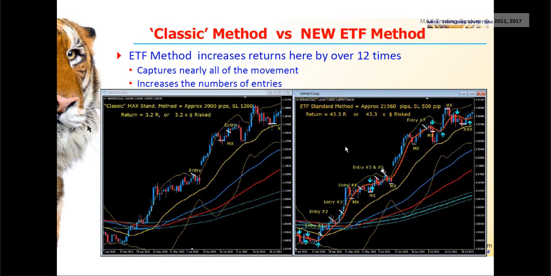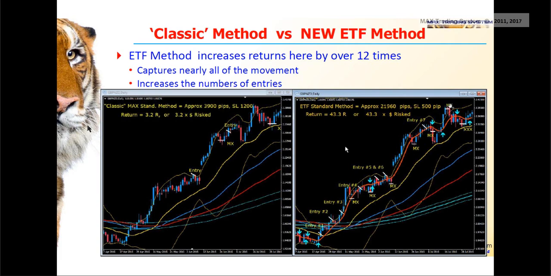Instead of waiting for up around here for the trend to be confirmed, we can start getting into the reversal of the movement right at the very beginning down here at entry 1. And then there's another entry and another entry, some profit taking, another entry, some profit taking, a couple more entries with some profit taking, more profit taking.